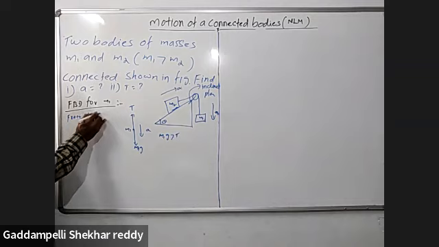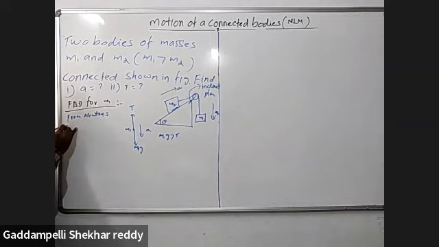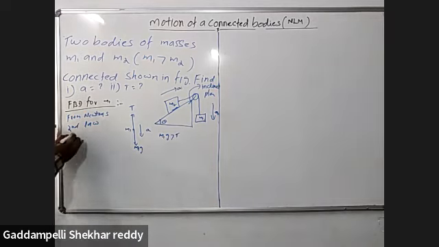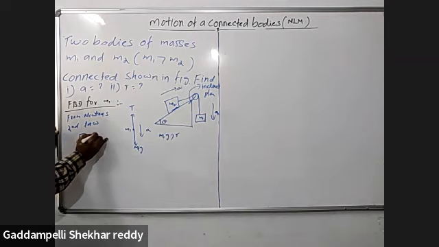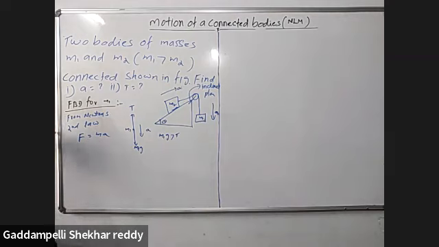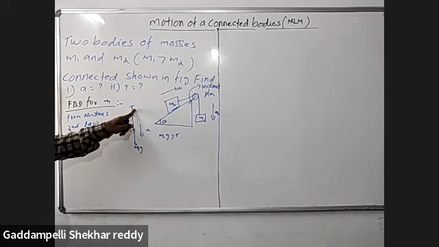From Newton's second law, net force F is equal to MA. How many forces are there? One force acts downward and one force acts upward.